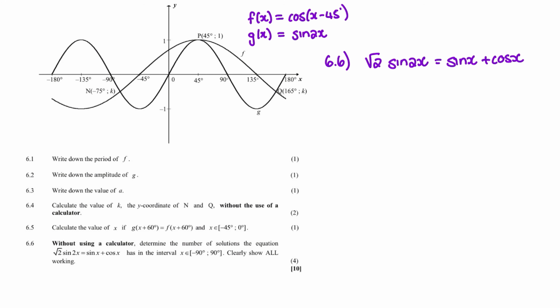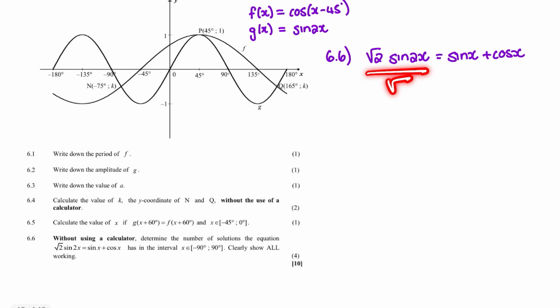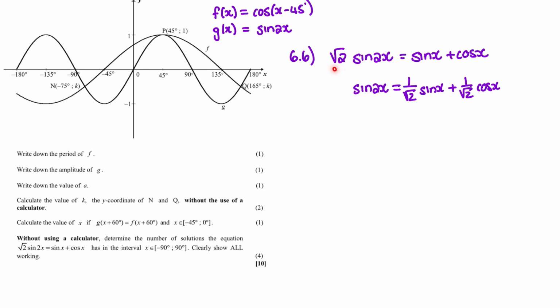So I notice that if I divide both sides by root 2, on the left-hand side I will have sine of 2x, and that is equal to 1 over root 2 sine x plus 1 over root 2 cos x. So can you see that if I divide by root 2, I'm dividing sine x by root 2, and I'm dividing cos x by root 2.